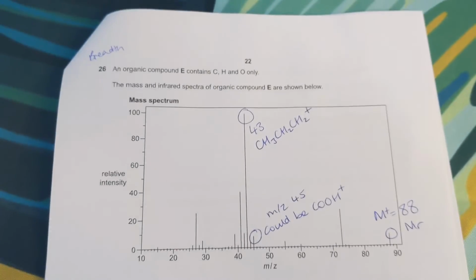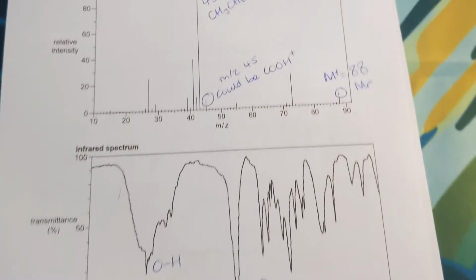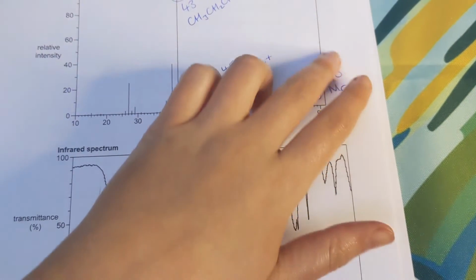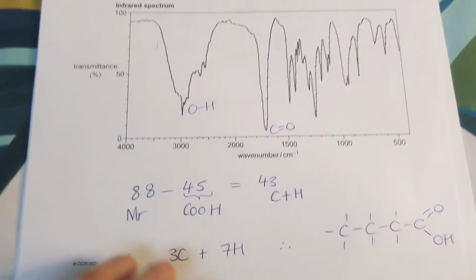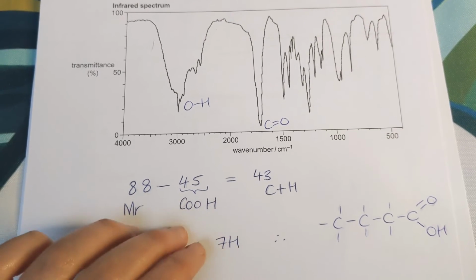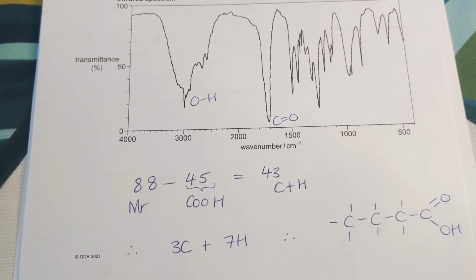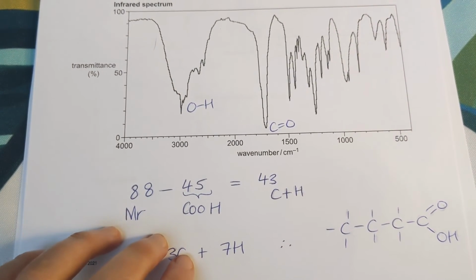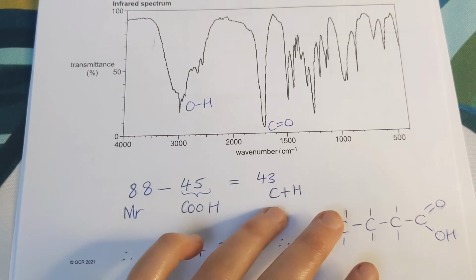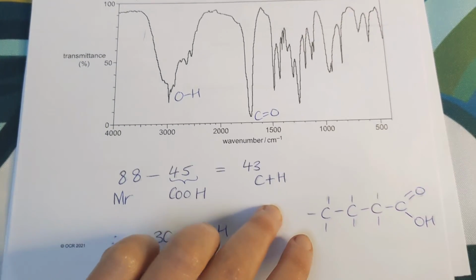We don't have much more information to go on, so the next thing we can do is use our molar mass and subtract the mass of the carboxylic acid functional group from this to find out how long our carbon chain is. So 88 minus 45, we end up with 43, and that adds up to a combination of carbon and hydrogens.